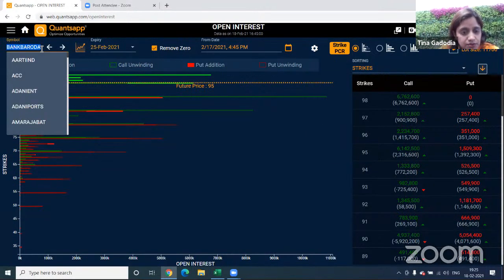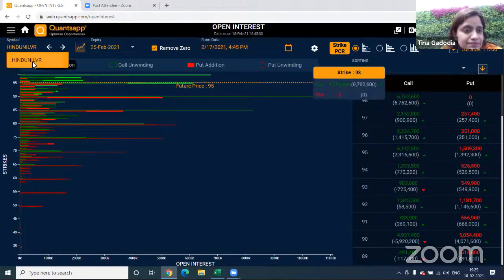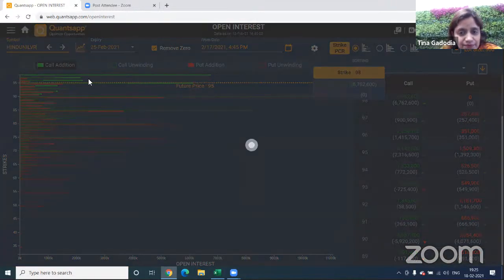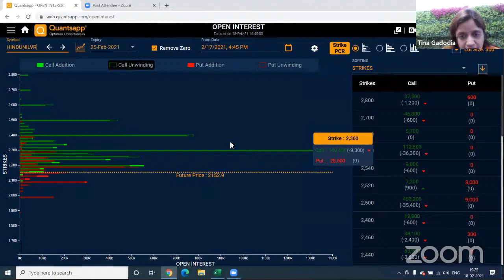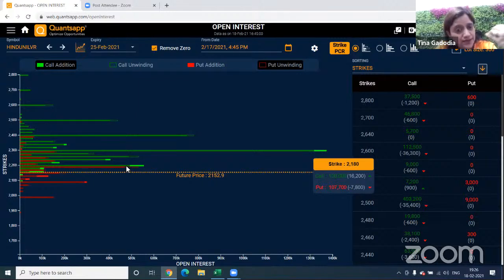So if I were to look at, say, Hindustan Unilever. The price is below its highest put strike, which is 2200. This is a very weird thing, where the put strike is higher than where the price is currently prevailing.